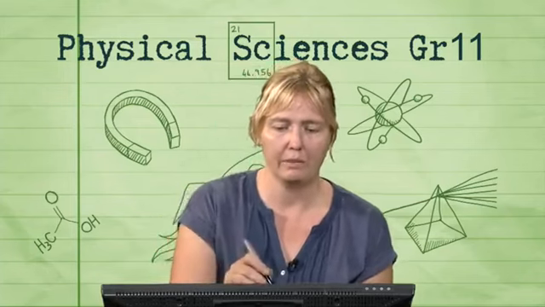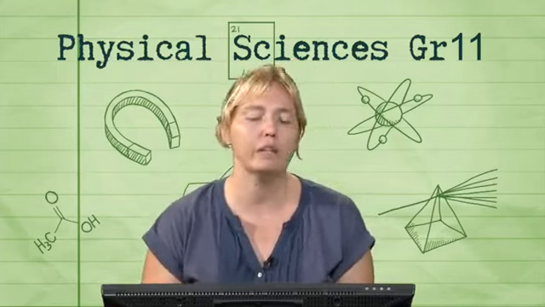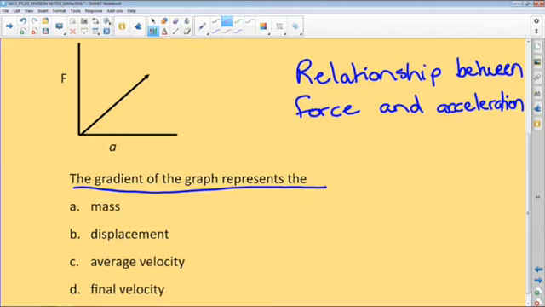Right, everyone, time's up. Let's have a look at what your answer is. So the options are A, mass, B, displacement, C, average velocity, and D, final velocity. The answer should be A, the reason being Newton's second law. So your F net or F resultant is equal to mass times acceleration.